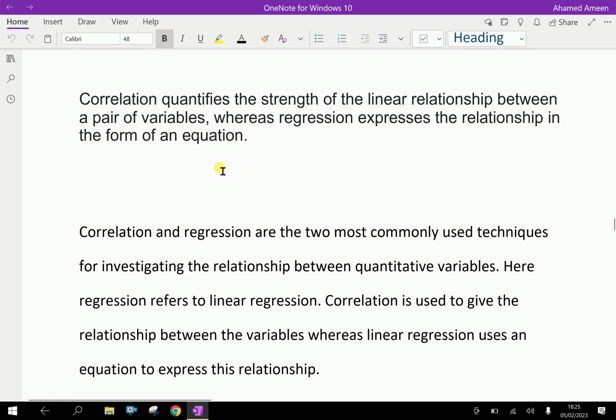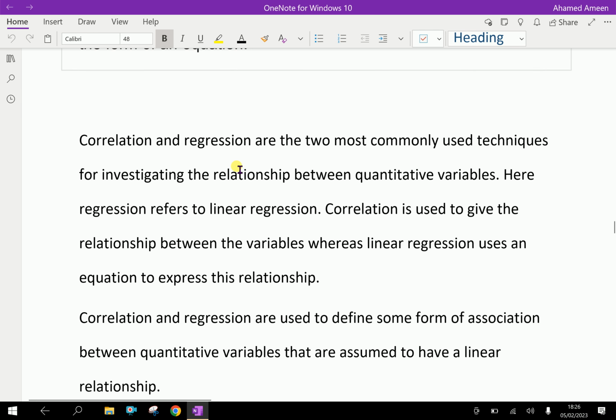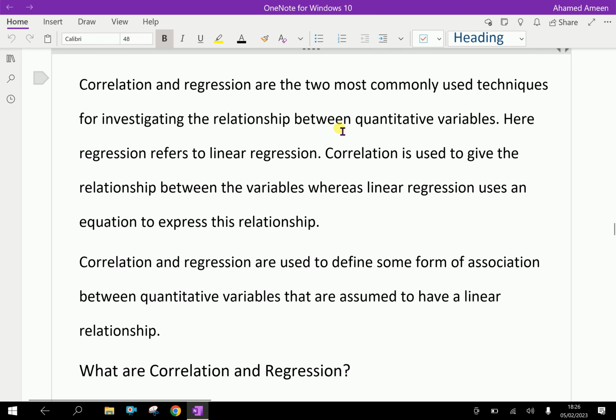The other technique that is often used in these circumstances is regression, which involves estimating the best straight line to summarize the association. Correlation and regression are the two most commonly used techniques for investigating the relationship between quantitative variables. Here the regression refers to linear regression.